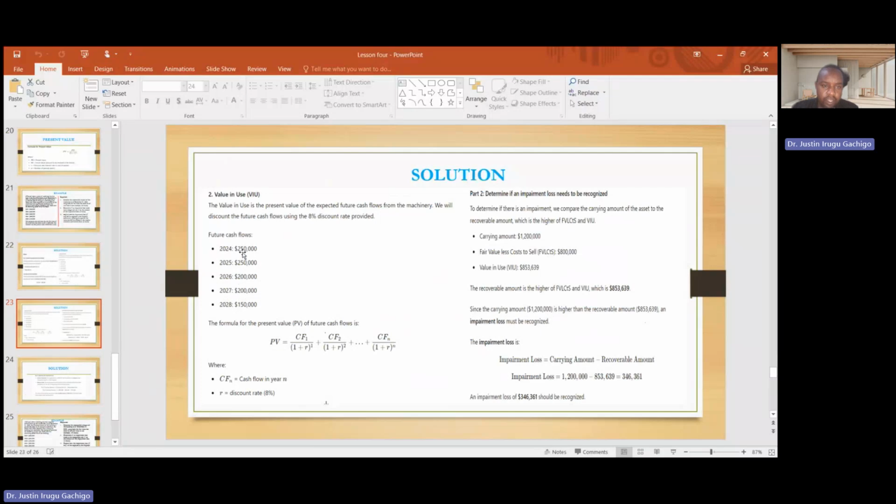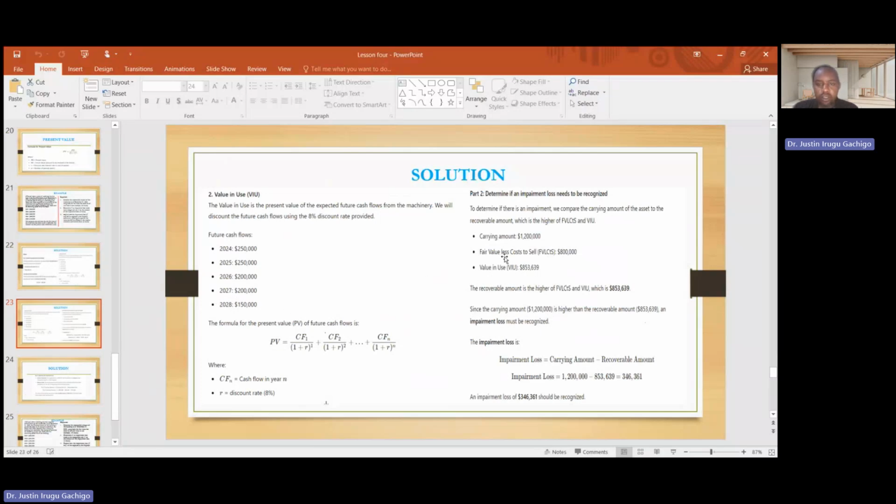So this is 1 year, 2 years, 3 years, 4 years, 5 years. For all of them, you have the cash flow, 1 plus R is the discount rate, which is 8%, and the number of years. The first one for 2024 is 1 year, then 2, 3, 4 and 5 years. Once you do that, you are going to get this amount here.